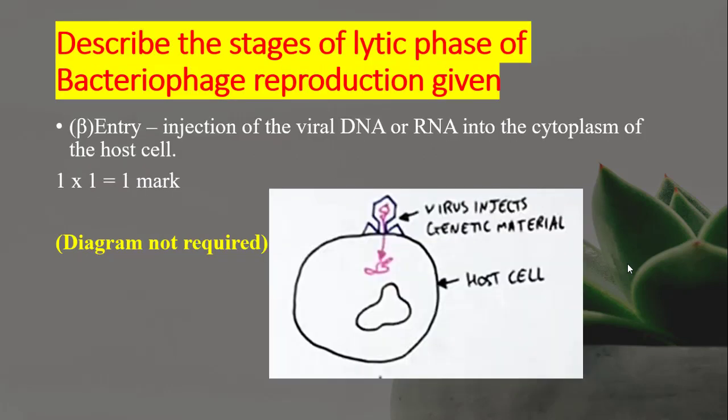In fact, there was no space for the diagram anyway, so we didn't expect you to draw it. The next stage is entry. Entry simply means the nucleic acid is injected, or released, into the cytoplasm of the host cell. It could be DNA or RNA, it doesn't matter. There's the release of the nucleic acid. This also gives you 1 mark.